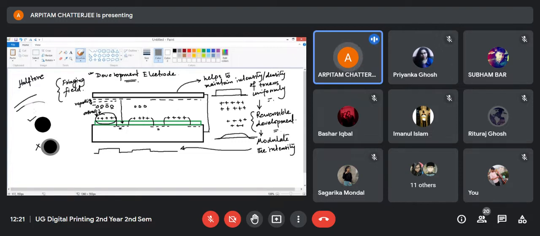I think some of you may be aware of this. Anyway, I'm going to talk about it afterwards when we talk about the prepress part. But for half tone production, this development electrode is a fundamental thing. This is an obvious thing which is used. Okay, so this is the importance of the development electrode.